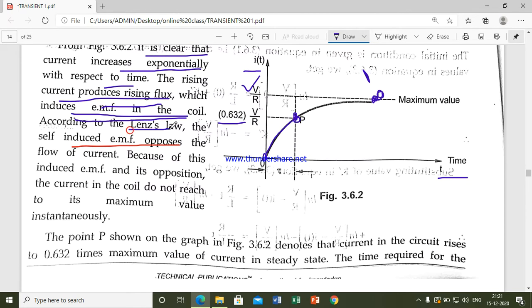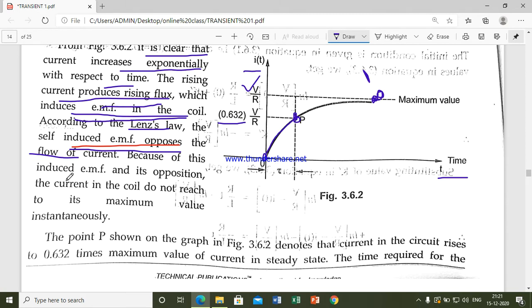According to Lenz's law, your inductor opposes variations of current, so you can say in other words that self-induced EMF opposes the flow of current. As this inductor charges, it opposes flow of current through it. Inductor EMF opposes instantaneous variation of current.